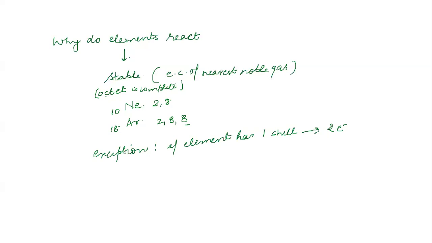So the first shell is stable with its 2 electrons, and if any element has 2 electrons in its outermost shell, then we'll say that its duplet is complete and the element is stable.